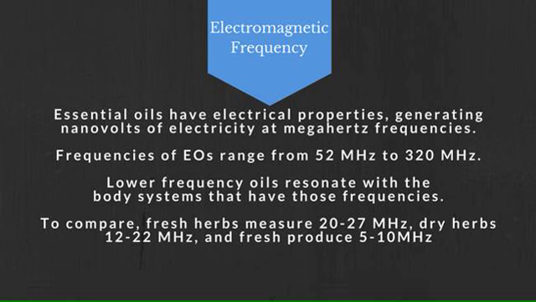All right, the next part is going to talk about electromagnetic frequency. Now this is the same type of frequency that is measured by EKGs when it's measuring the frequency of the heart. You can measure frequency of anything really, and essential oils have electrical properties generating nanovolts of electricity at megahertz frequencies.